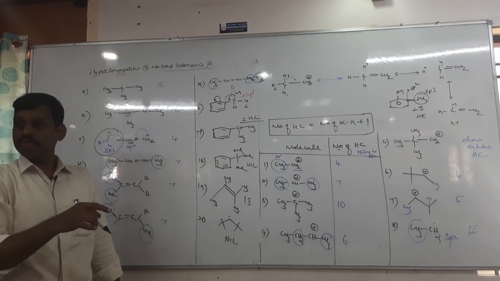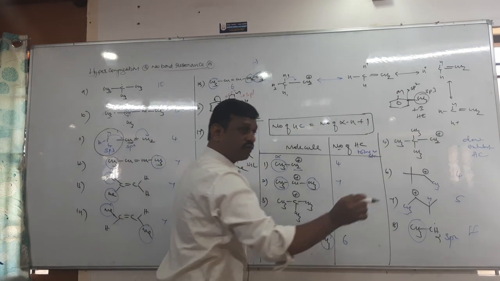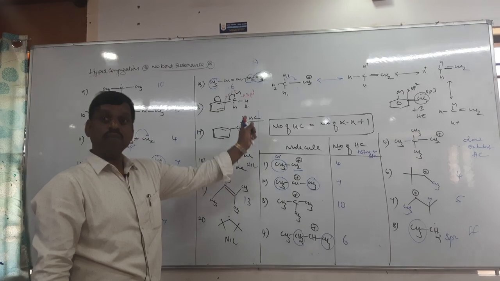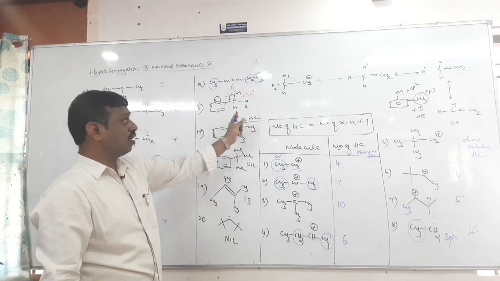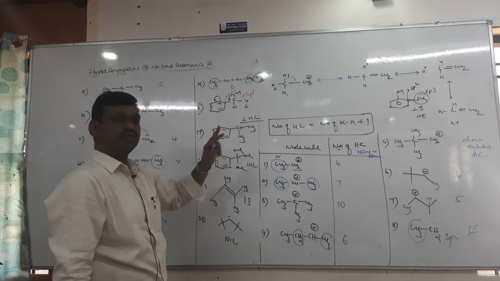In inductive effect, is there a complete displacement? No, there is a partial displacement, right? Hyperconjugation is complete displacement. Therefore hyperconjugation dominates inductive effect. That's why electron releasing is more in this than this, than this. Okay, so this is hyperconjugation and related concepts.